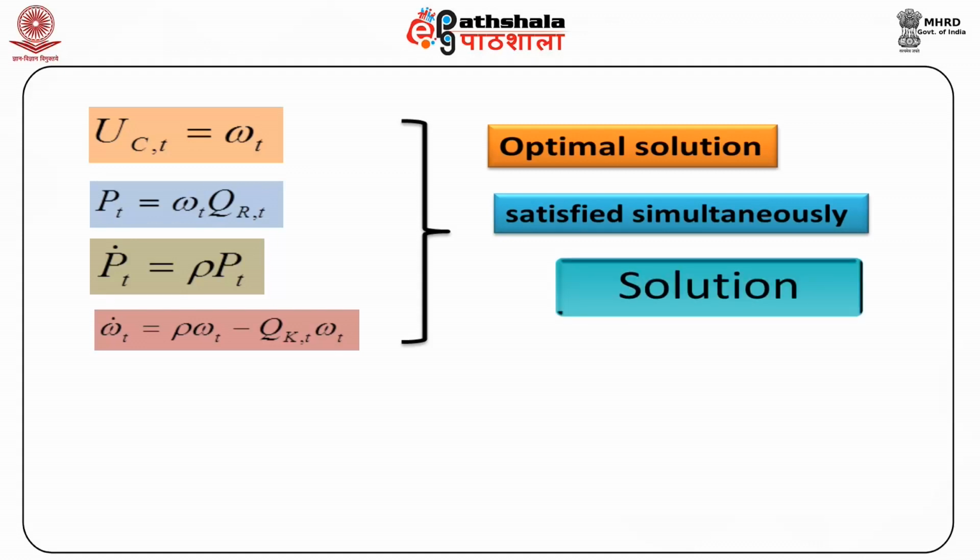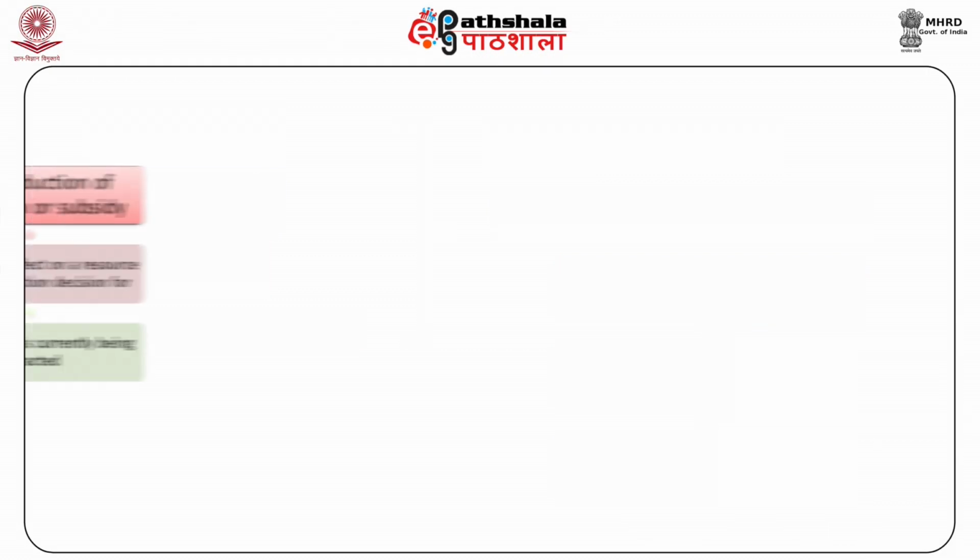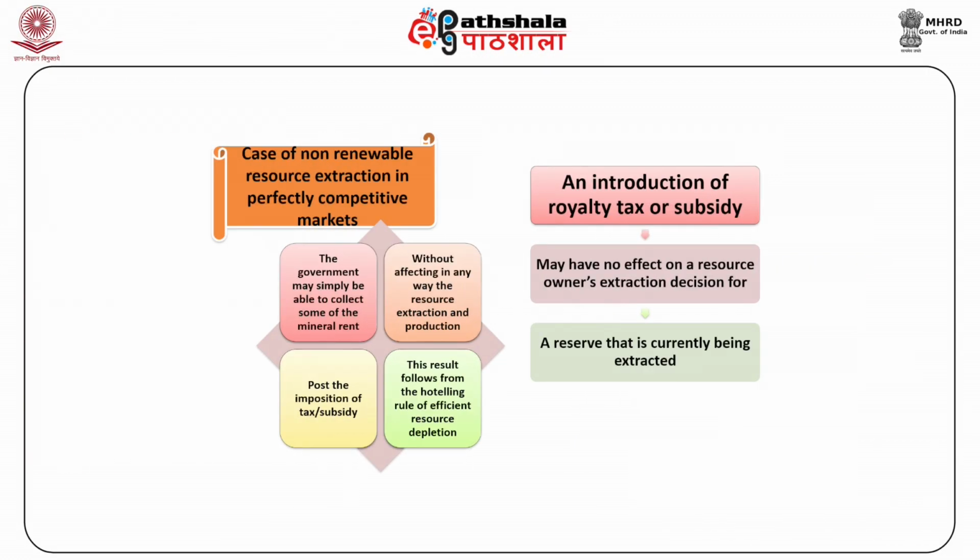The solution hence obtained yields a unique time path for Kt and Rt and their associated prices that maximize the social welfare function. Let us now discuss the impact of royalty taxation or subsidies on Hotelling's rule.